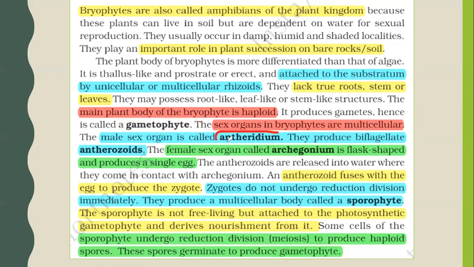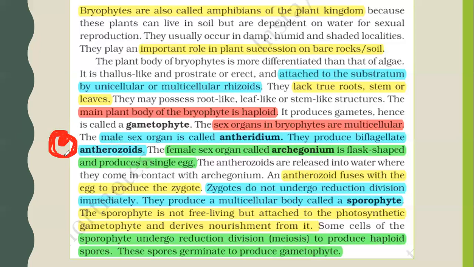The male sex organ is the antheridium. The female sex organ is the archegonium. You already studied that the antheridium produces antherozoids, which are the male gametes, and they fuse with the female gamete to form a zygote, a single cell.